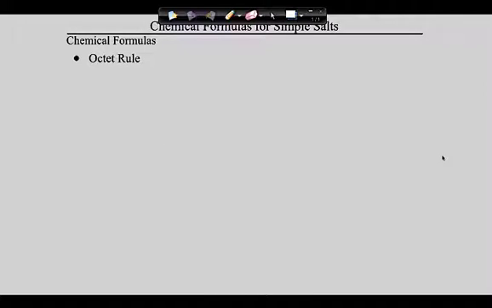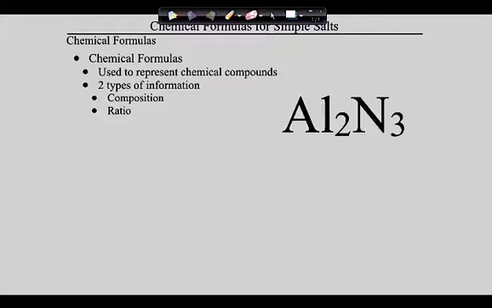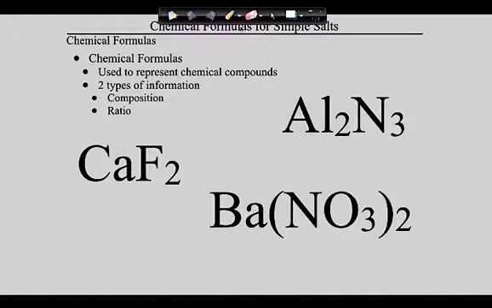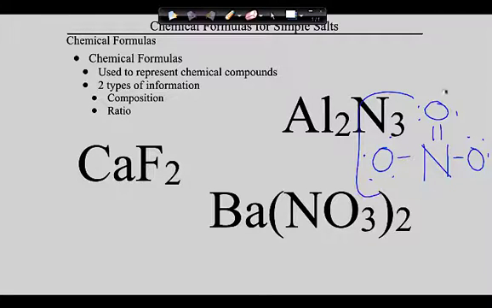Sorry, this was actually on the test. Go back here. Sorry, I didn't grab my pen. You may remember you actually drew the Lewis dot structure for this. It goes nitrogen, oxygen, oxygen, oxygen, goes like that.